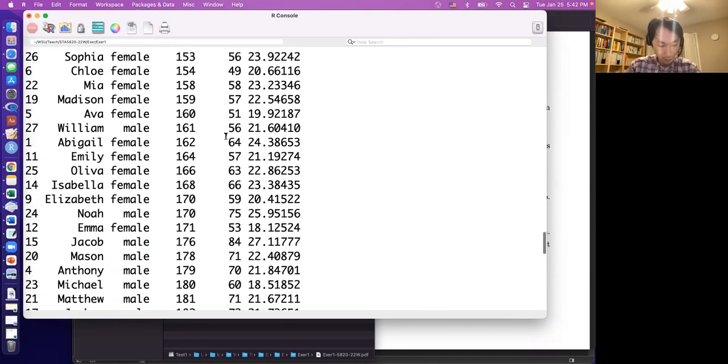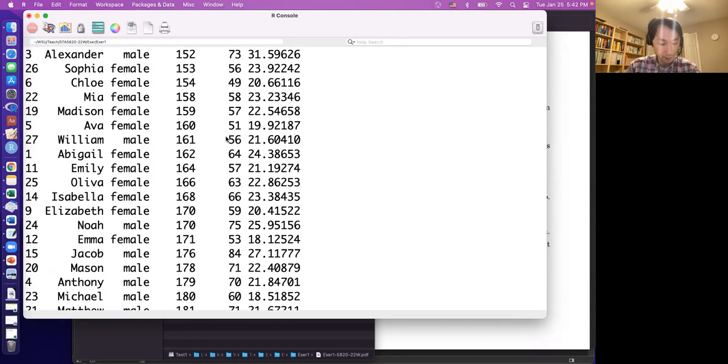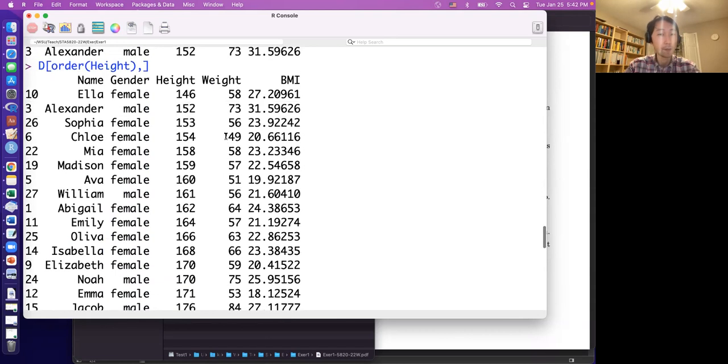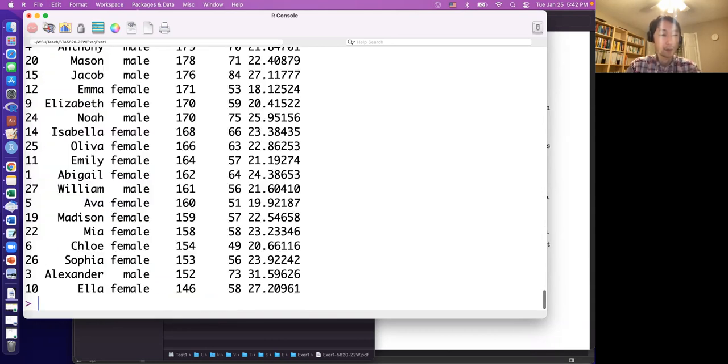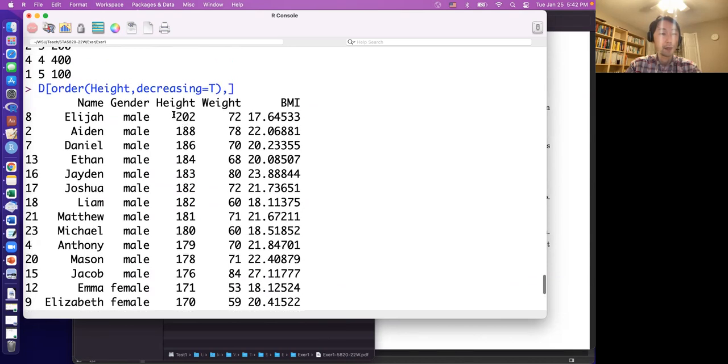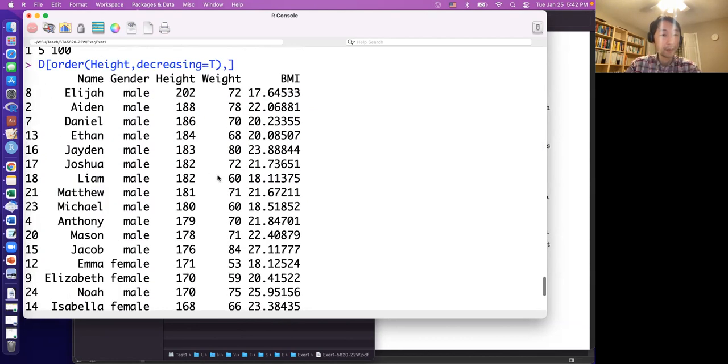And sorry, but this question is asking for sorting the data frame by decreasing order. So we have to do the decreasing order. So this is decreasing order in height. Yeah, there are several ways to do this.